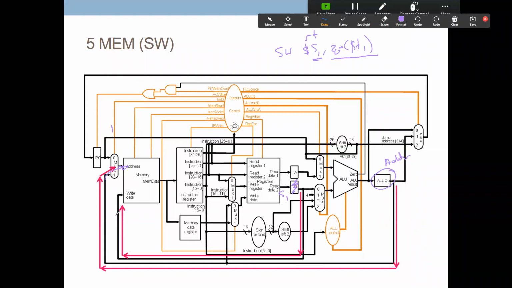Okay, and this is 32 bits. Now you can write in memory or store a new value in memory. So memory read has to be 0, memory write has to be 1, and this way your store is complete. After you finish the store, you will go to state 0 and fetch a new instruction.